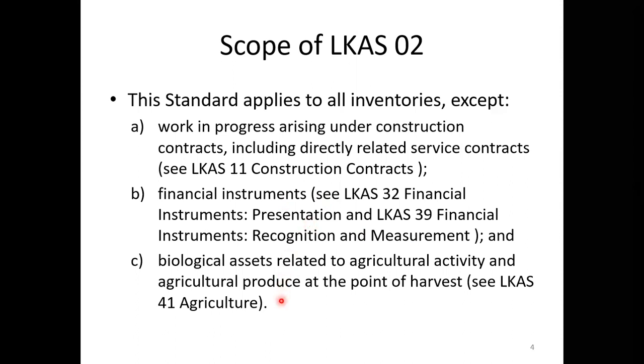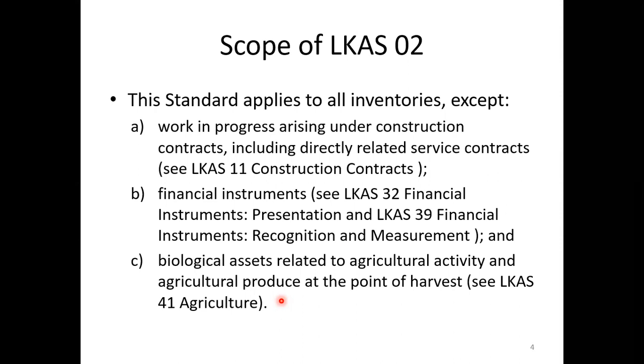Biological assets, like a cattle farm, for example Ambewala. Their stock is cows, feeding cows, cattle, and birds, some pets. That kind of biological assets does not come under LKAS 2, nor do some agricultural undertakings, paddy for example.